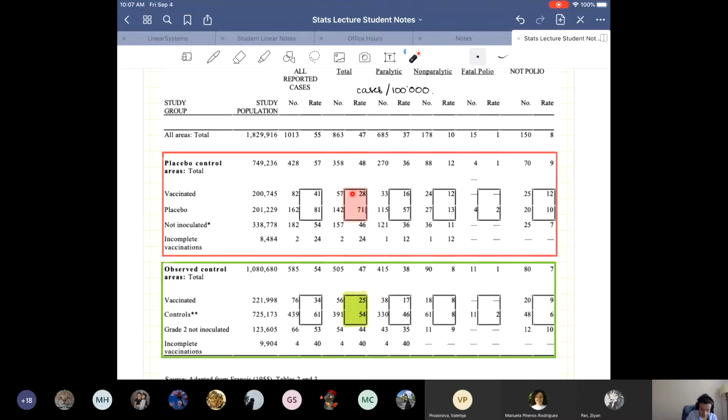What if these 28 children were going to get polio whether they were vaccinated or not? Or what about these children that got the placebo? They were going to get the disease whether they got the placebo or not, right? Isn't it possible that it just so happened that when I separated my placebo children from my vaccinated children, I split up the group of children that were going to get the disease anyway into these two groups in such a way that I ended up with 28 in the first group and 71 in the second group, right?